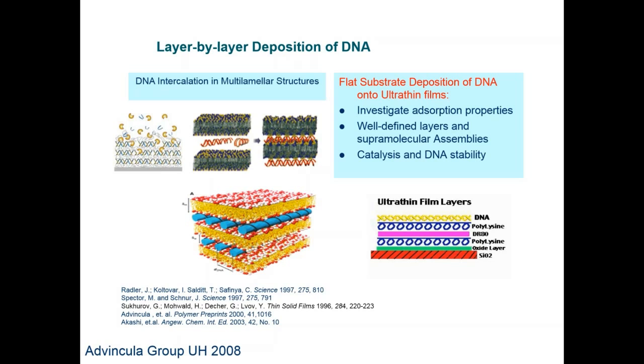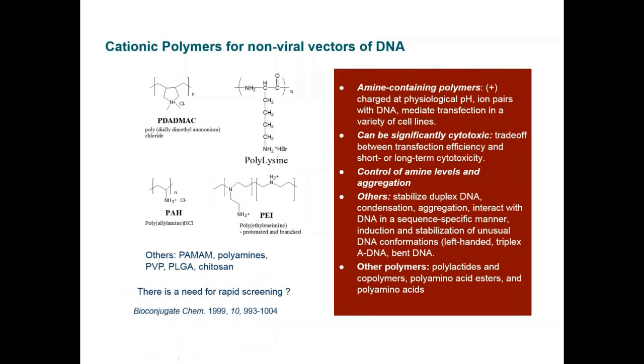One of the key materials we use here are basically polycations that adsorb on DNA, which is considered a negative polymer. Polycations have been used for a long time to stabilize DNA, their aggregation properties.